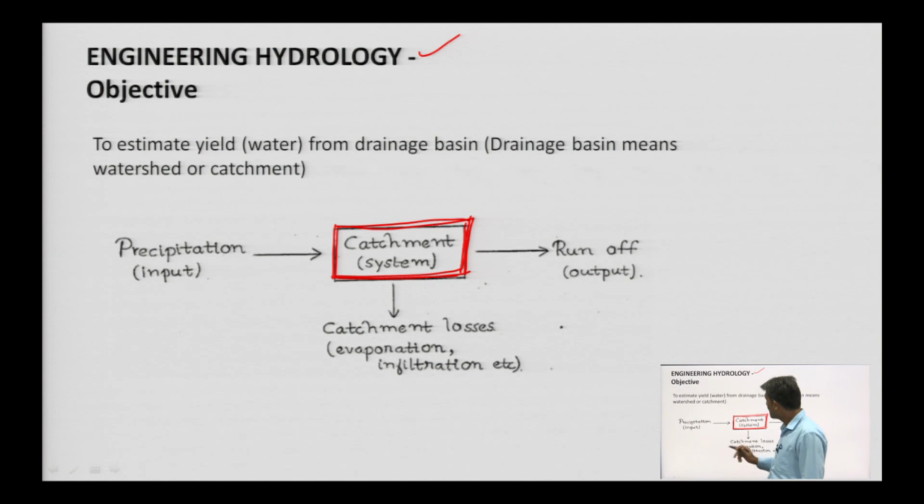Suppose a certain quantity of water is entering this catchment area. That water may be in the form of precipitation. The major source of water on this planet is precipitation. Groundwater abstraction is another process, but the main input is precipitation.